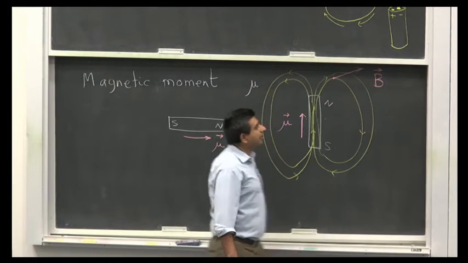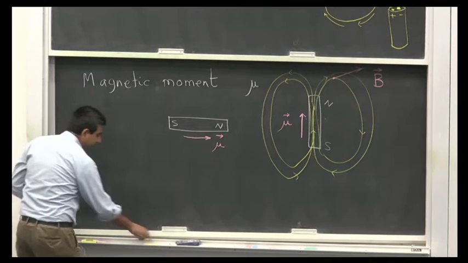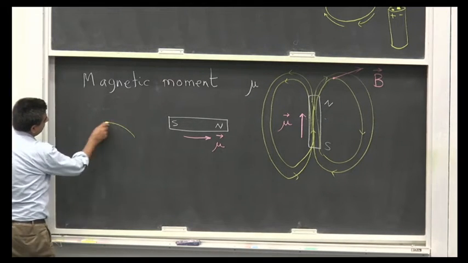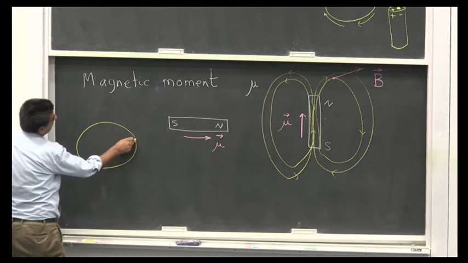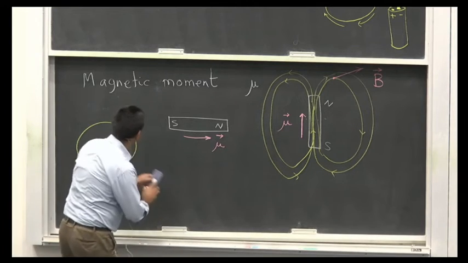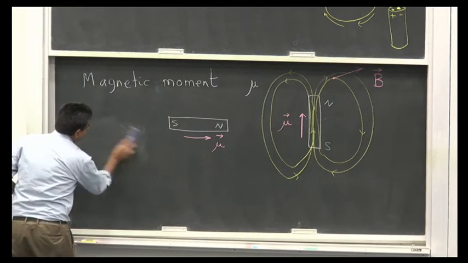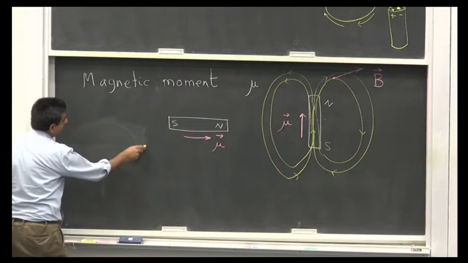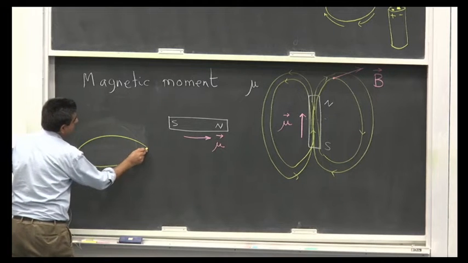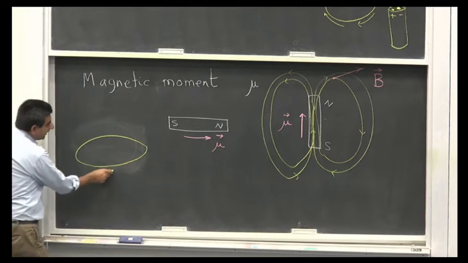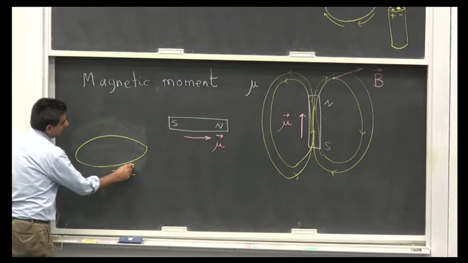Okay? So if I have a current carrying coil, the one that I've drawn over there with the battery, now I'm not drawing the battery, I just assume that the battery is there. And there is some current flowing through this coil.